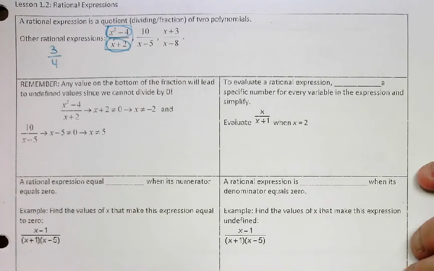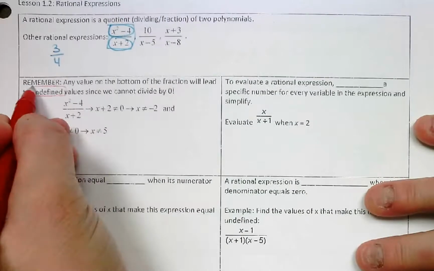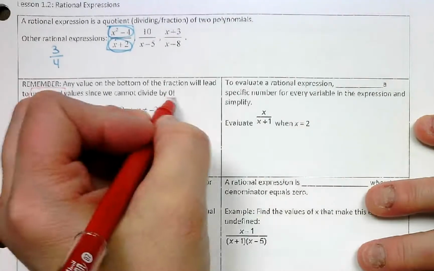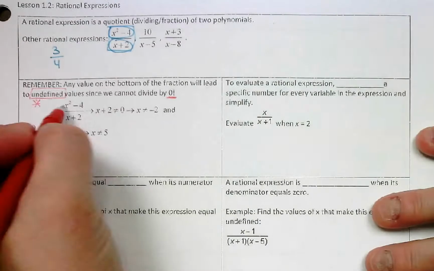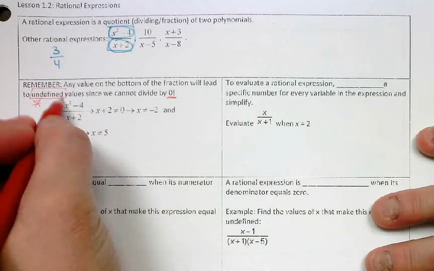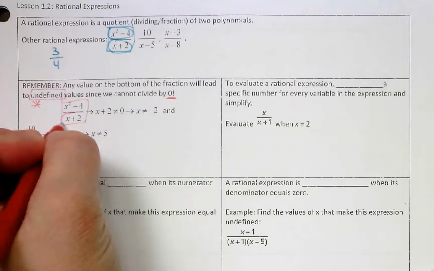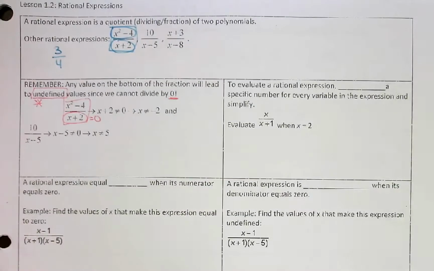One thing to remember is that any value on the bottom of a fraction that makes it 0 will lead to undefined values. You need to memorize that word, undefined values, since we cannot divide by 0. Looking at this one, here is our fraction. We have to say the value that x cannot be, because if the denominator equals 0, then this is not a fraction.